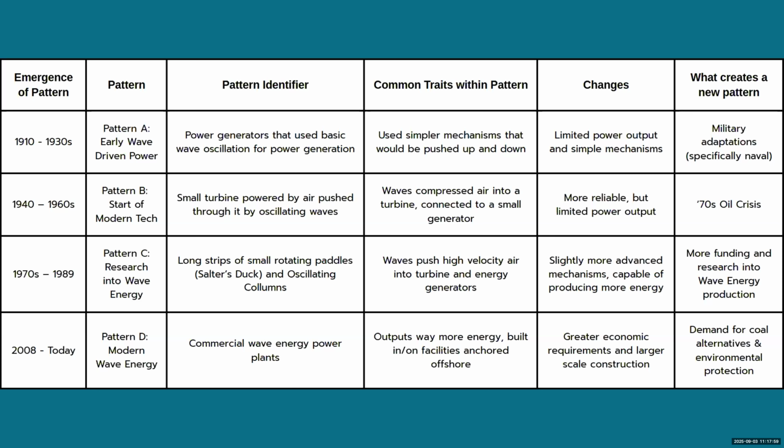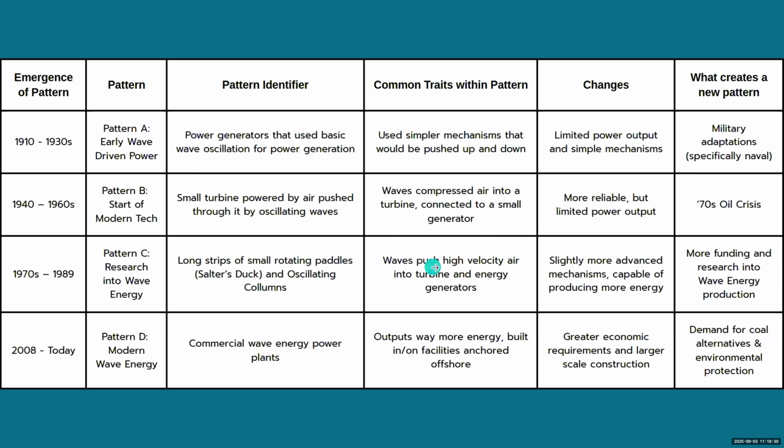And then we also have an upgraded version of the older wave power generators, where now they've been developed into oscillating columns, and as technology developed, we were able to start attaching these generators to the sea floor for cheaper.